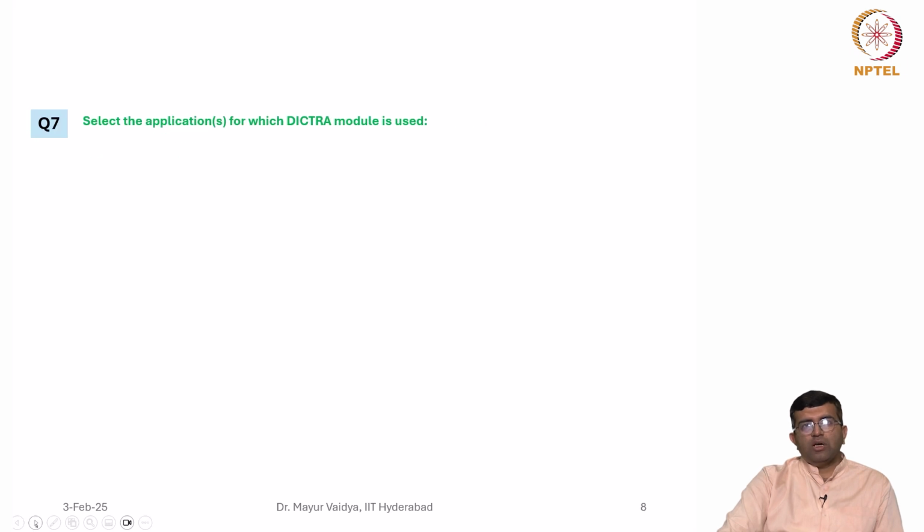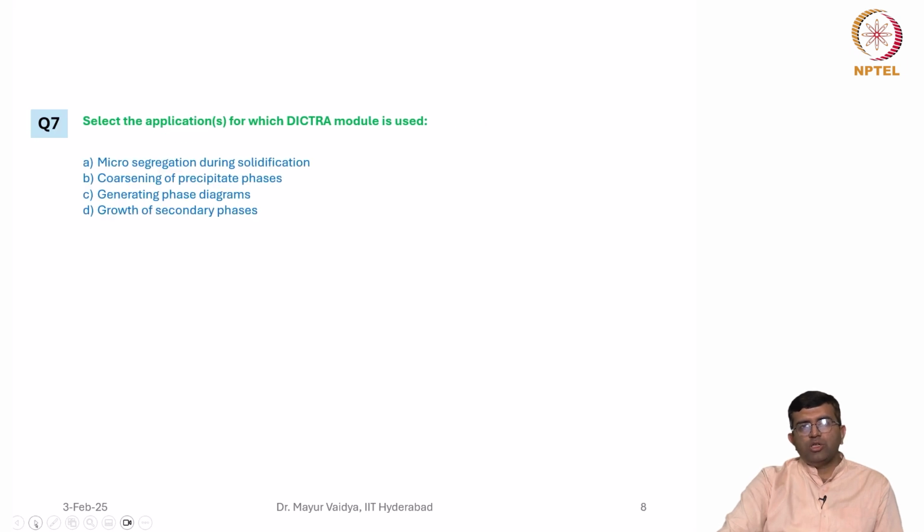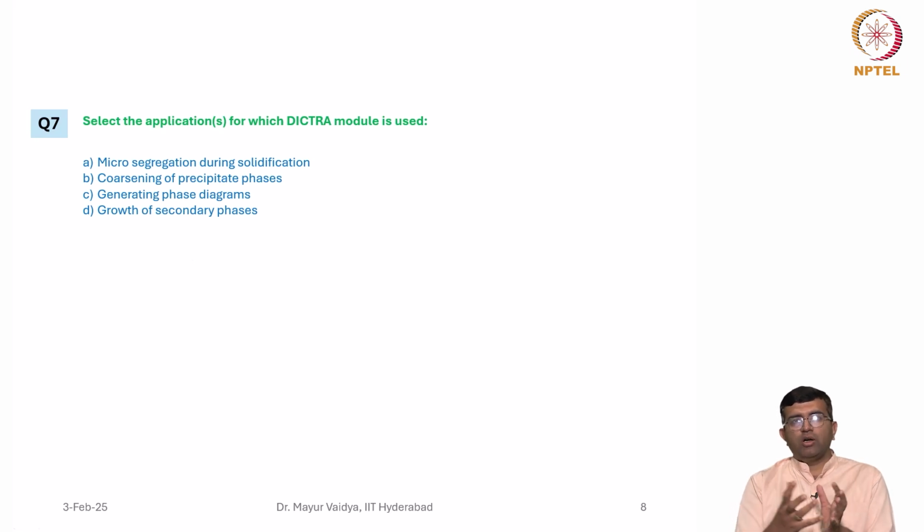Question number 7: select the applications for which the DICTRA module is used. Microsegregation during solidification, coarsening of precipitate phases, generating phase diagrams, or growth of the secondary phases. The DICTRA module, which is the diffusion module, is used for applications where a moving or kinetic process is involved.